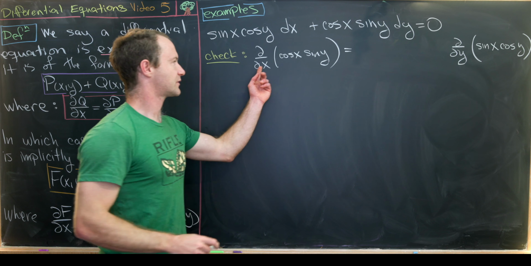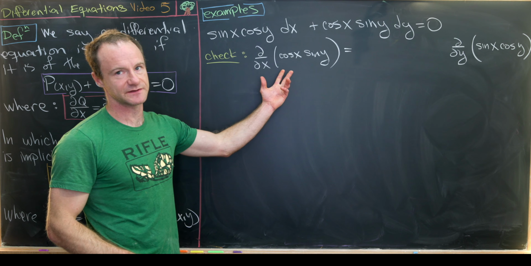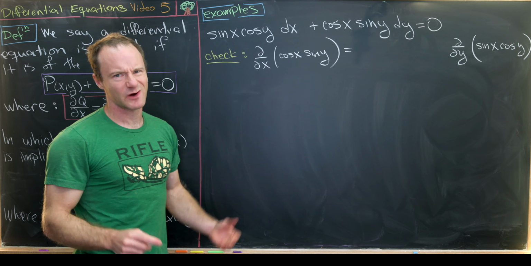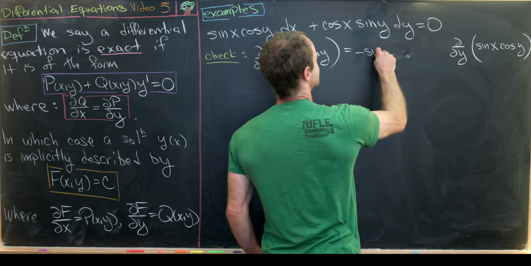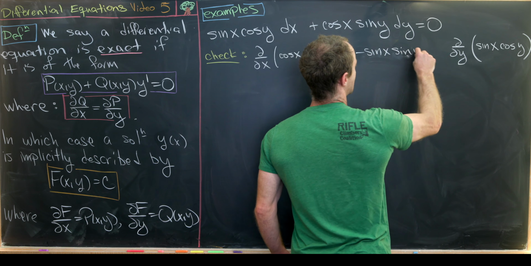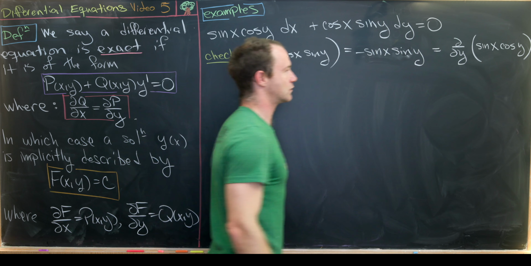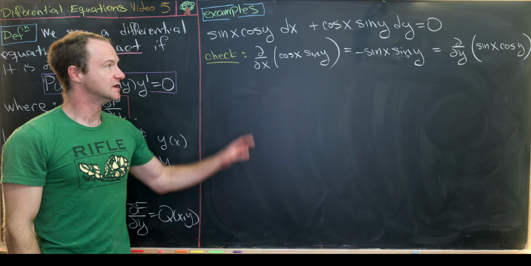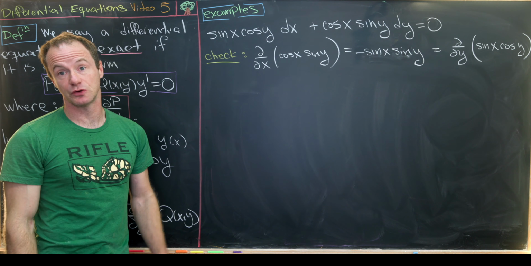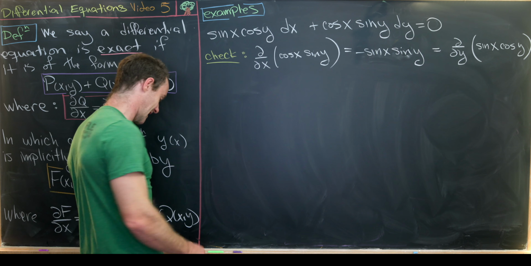But the derivative with respect to x of cosine x is negative sine x. Sine y is like playing the role of a coefficient here. So this gives us minus sine x times sine y, but then that's exactly equal to what we get if we do the derivative with respect to y of the other one. So the fact that these two are equal to each other means it is exact.